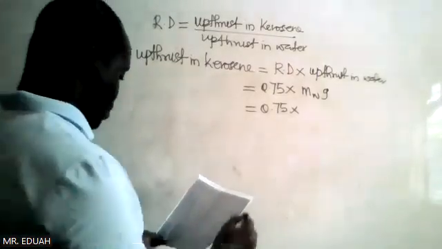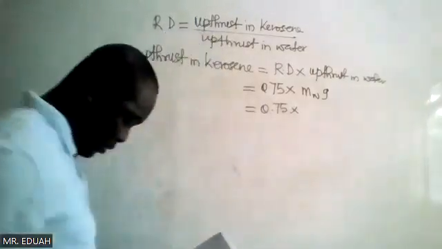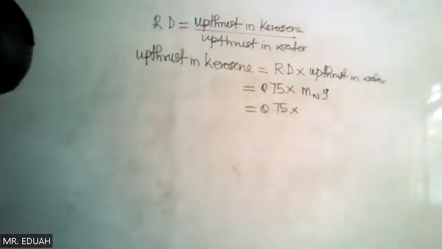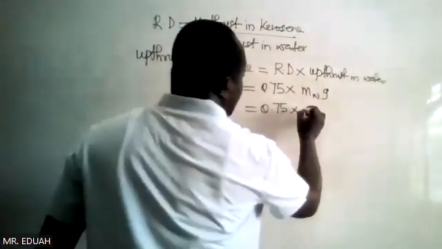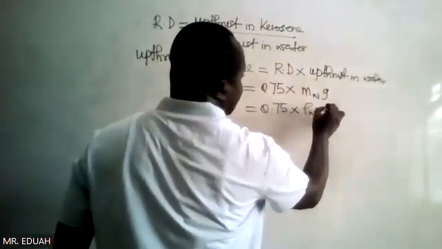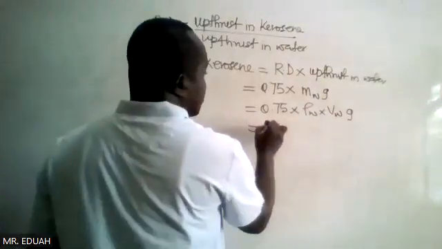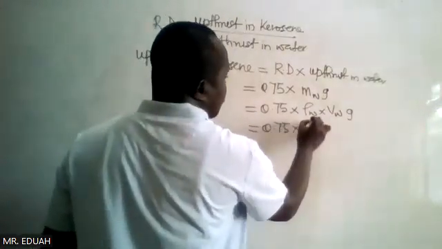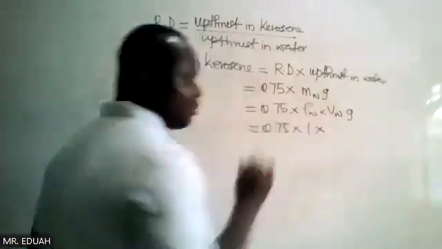So this will be density of water times volume of water times gravity. So 0.75 times 1 gram per cm cube times the volume of water.